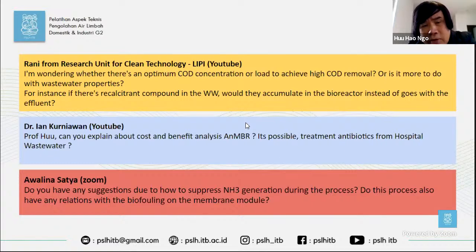If it is about the economy, yes, some research has already been done, based on the capital costs, operating costs, and the energy saving, which is very positive for anaerobic MBR compared to aerobic MBR.